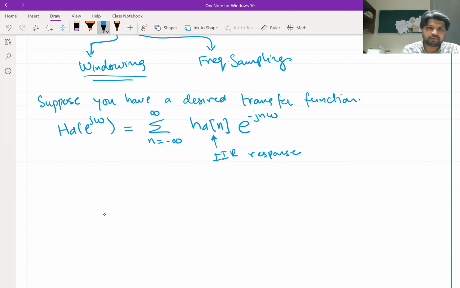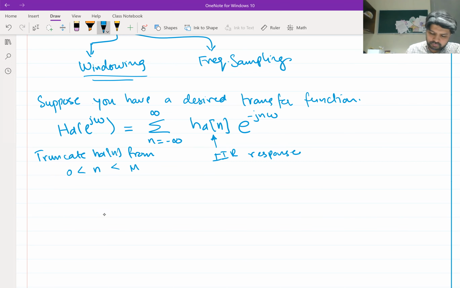So you would arbitrarily truncate it to a length of M plus 1, and you would hope that it would work nicely. You can truncate it from n equals minus M to plus M, for example, but that again causes the problem of causality. Typically, the truncation is done from 0 to a particular value of M. So this is what is called windowing.